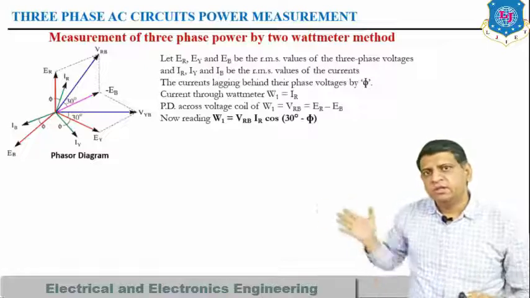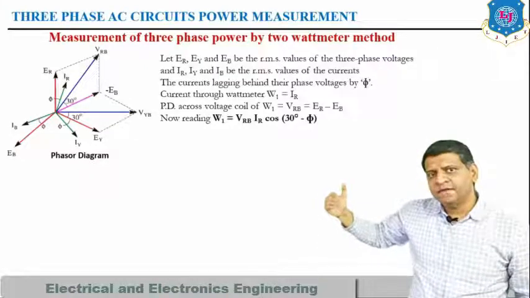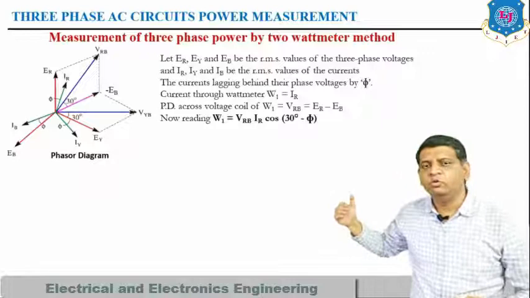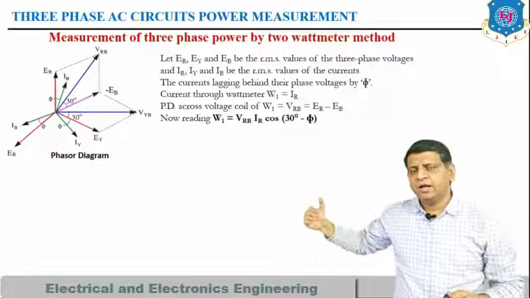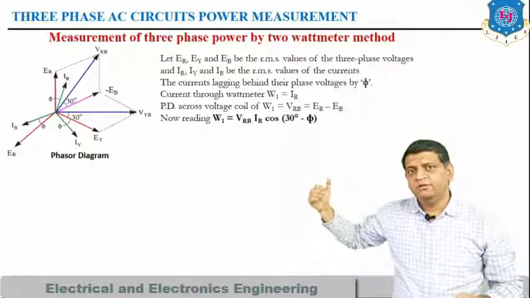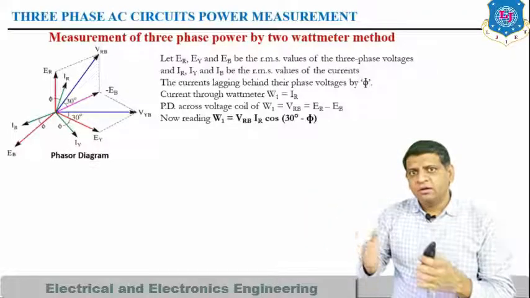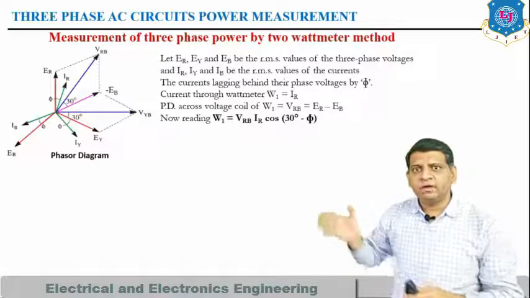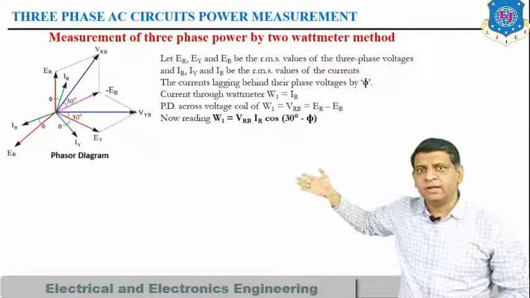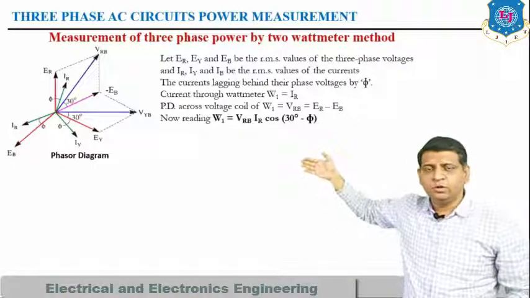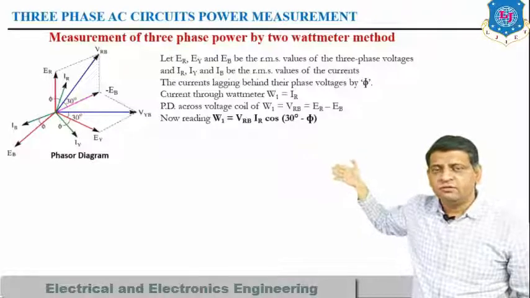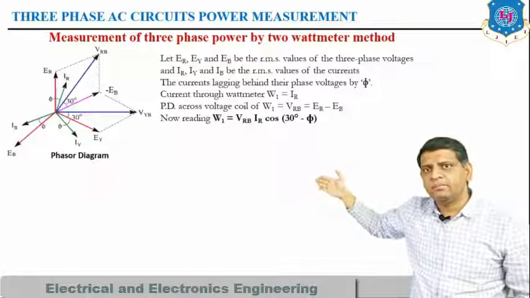So the wattmeter reading W1 equals IR into VRB, and if I want to find the phase relation of the IR vector and the VRB vector, you can find it from this phasor diagram, where VRB is nothing but ER minus EB.